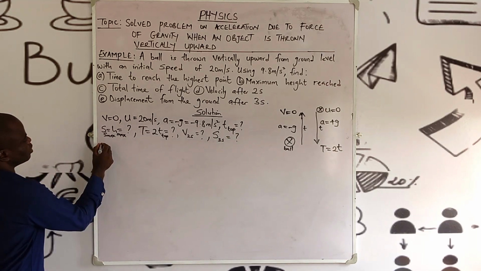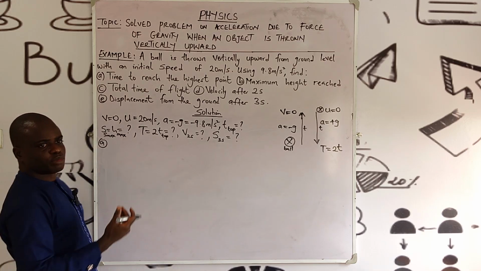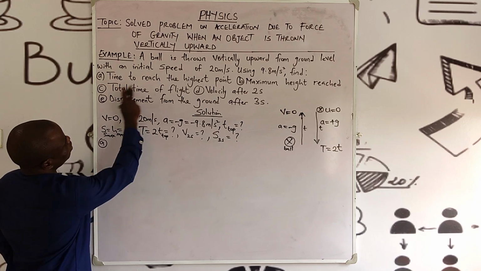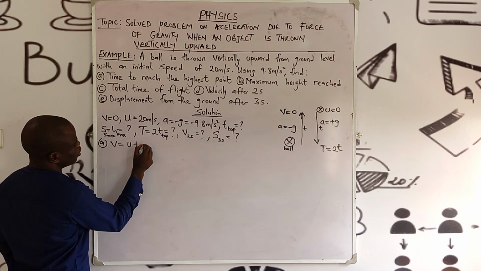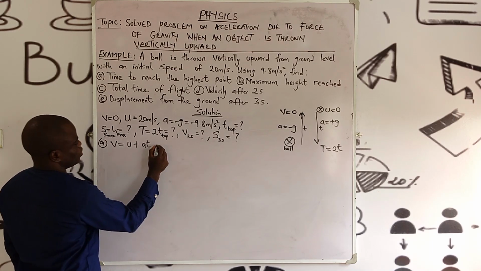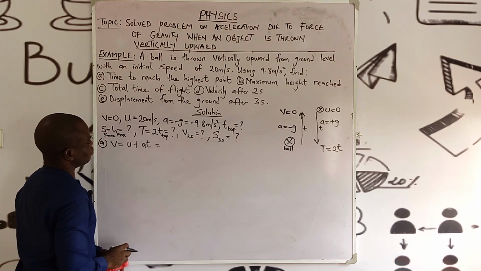Okay, now let's solve the question. It's very important to write the parameters first. Now, time to reach the maximum height, v equals u plus at. The first equation of motion, where v is 0.